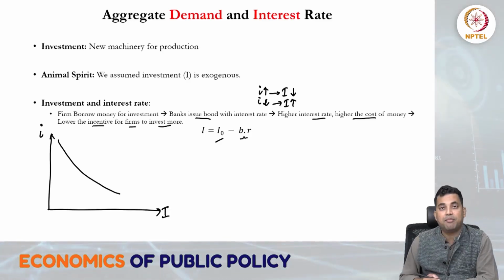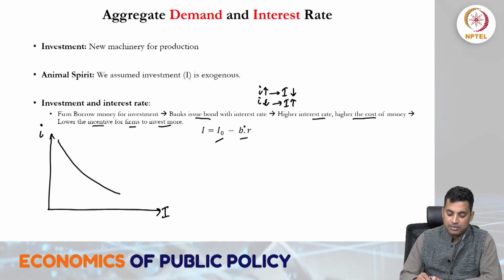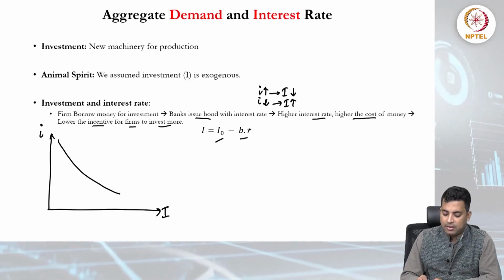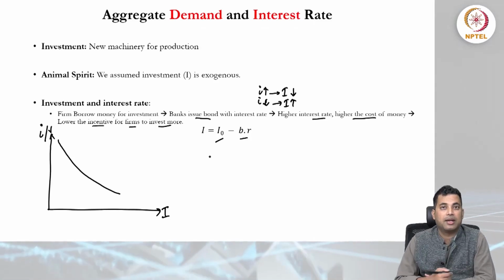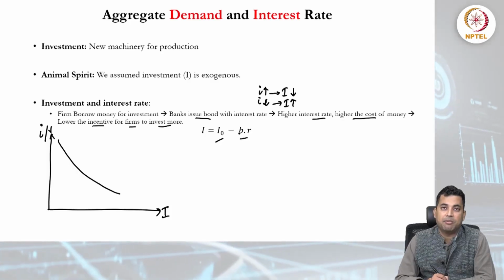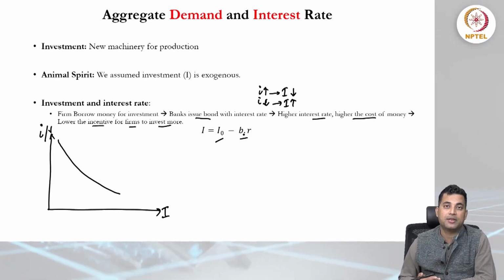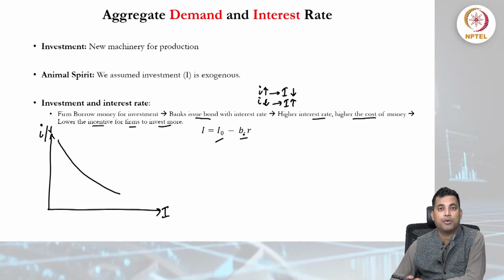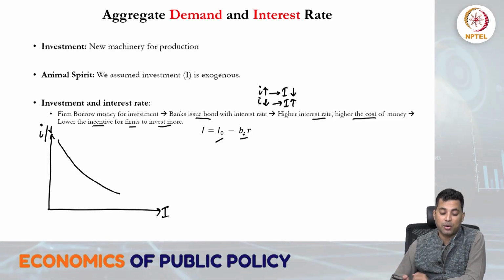The other one depends on the rate of interest, here small r. So another investment is depending on what kind of rate of interest there is in the bank, and that is how the cost of borrowing will be calculated, and then investment will take place accordingly.